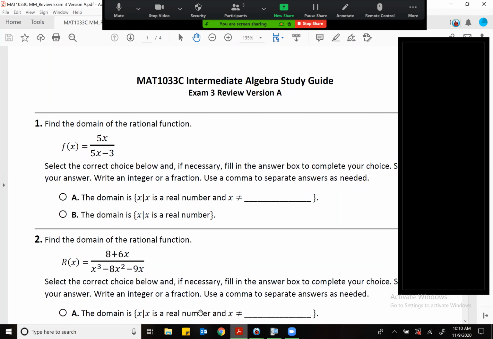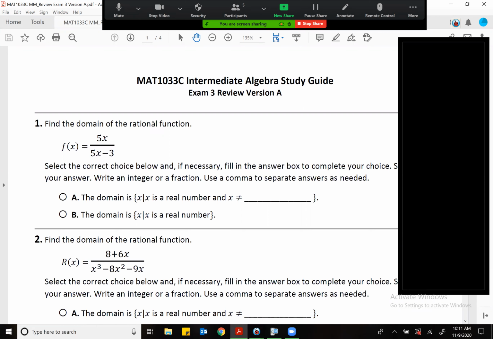So let's get started. The first thing it says is we've got this function: 5x all over 5x minus 3. And we want to find the domain.